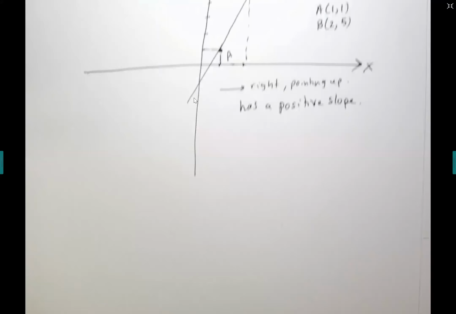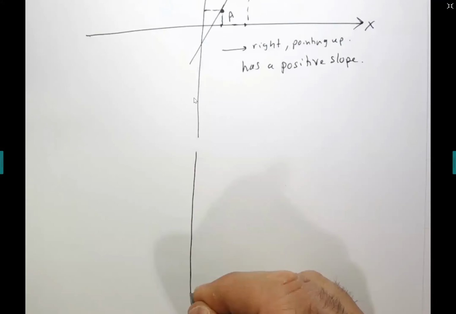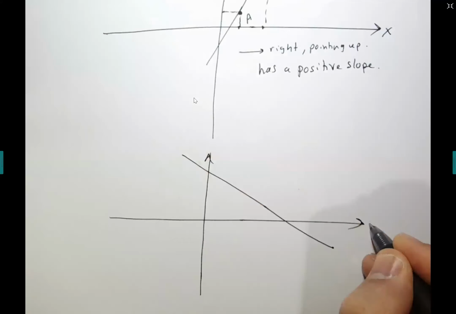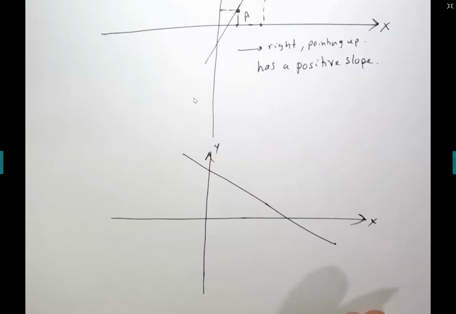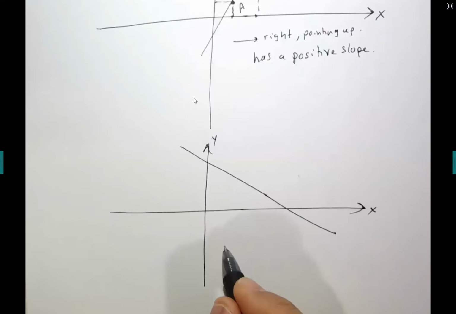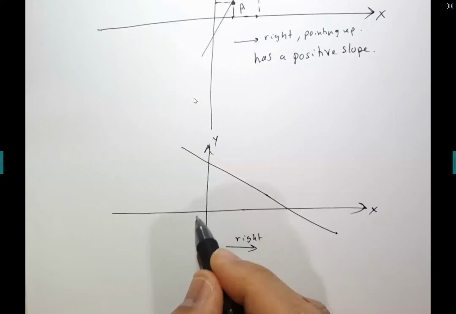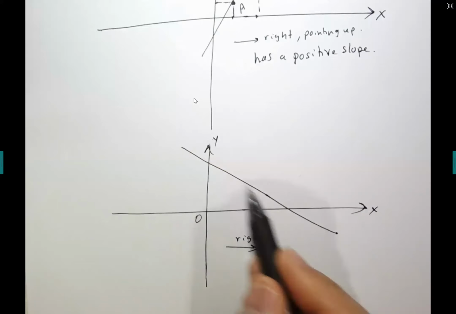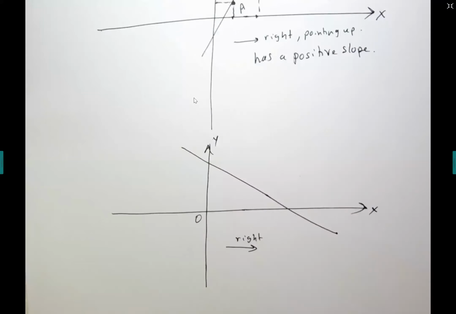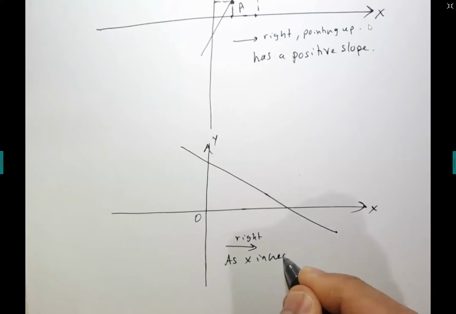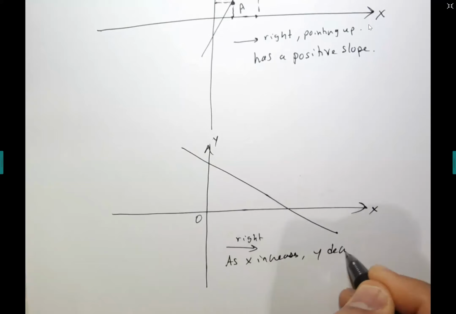Now, let me show you another example of a line that looks different from the one that I drew. Look at this one, guys. What happens as we move to the right here? This is the origin. So as we increase the values of X, what happens to the values of Y, guys? Can you answer this question? They decrease. As X increases, Y decreases.